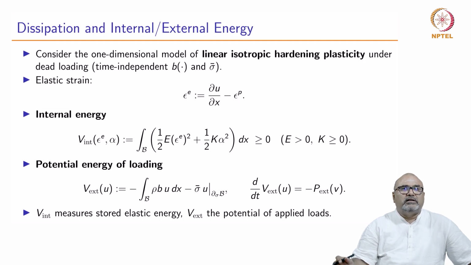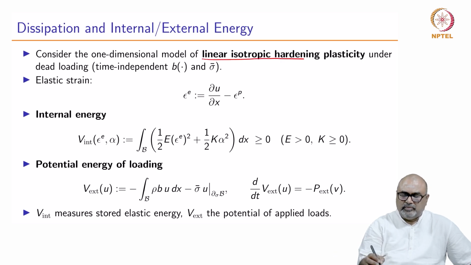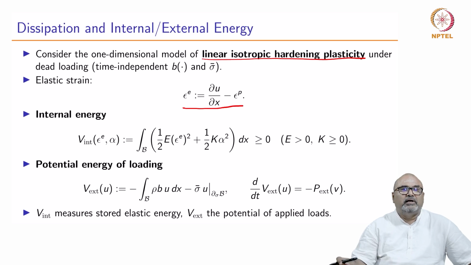Now, let us consider the one dimensional model of a linear isotropic hardening plasticity model under dead loading, time independent b and sigma bar. So, the elastic strain is defined as ∂u/∂x minus epsilon p, that is, epsilon E is equal to ∂u/∂x minus epsilon p, total strain minus plastic strain.